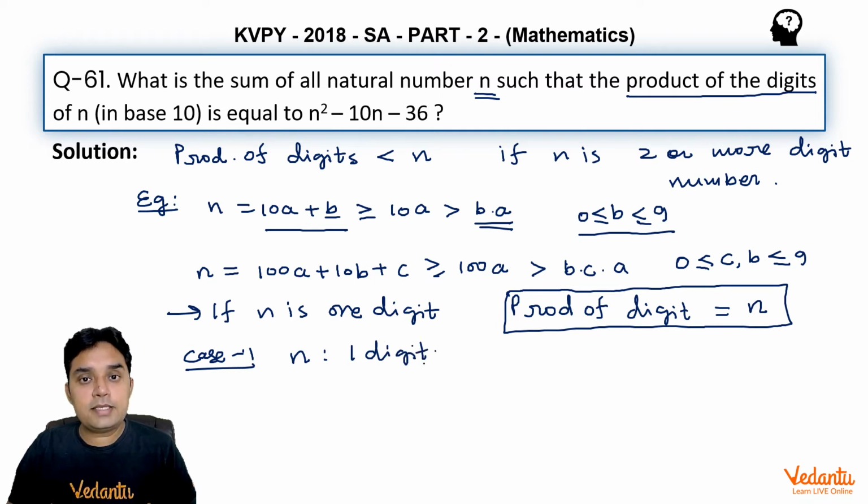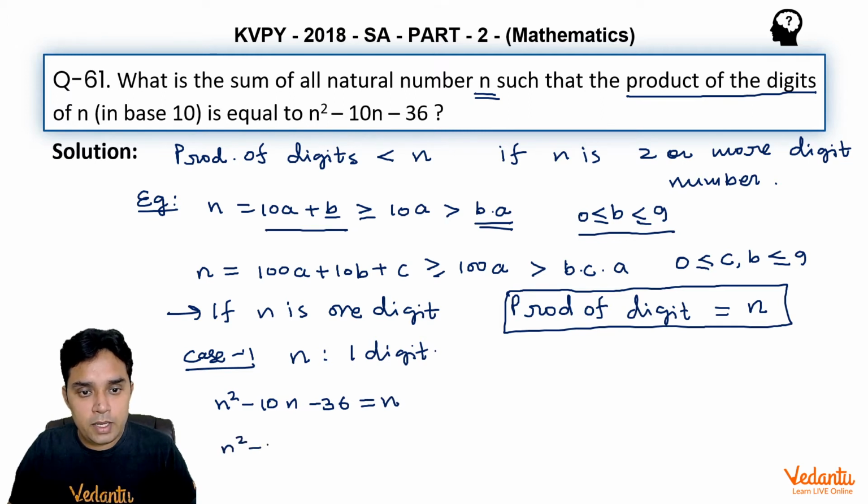In this case the product will be equal to n itself, and it is given that it is n square minus 10n minus 36. So we write n square minus 10n minus 36 is equal to n. This gives me a quadratic, n square minus 11n minus 36 is equal to 0.